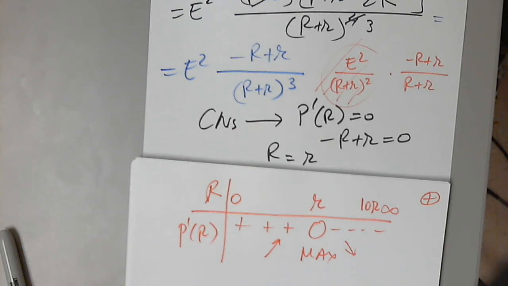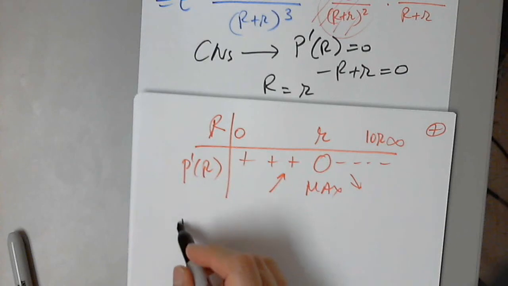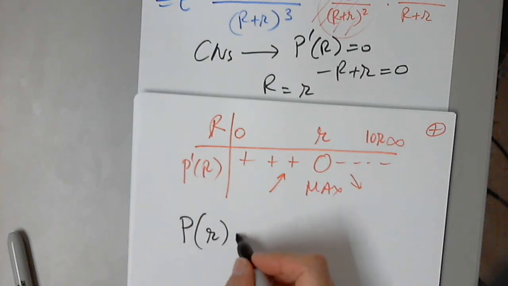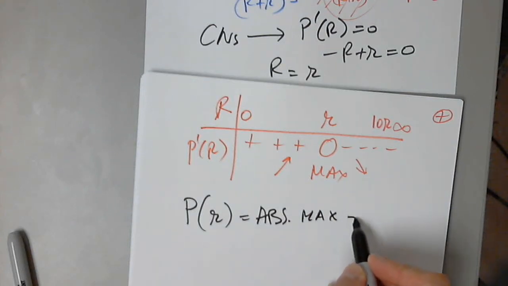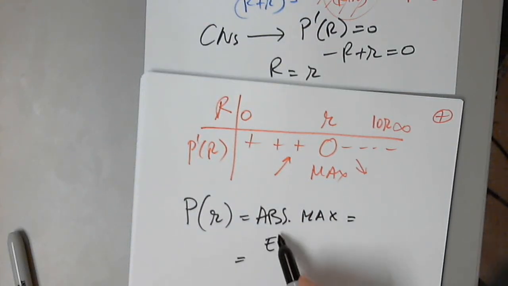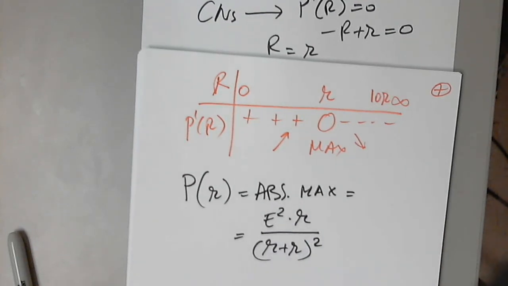Very good question. So now they're asking us to determine the maximum power. I have to go back and in P of R, replace uppercase R by lowercase r. So now P of little r, I know is the absolute max, and I have to plug it in. E squared times lowercase r over lowercase r plus lowercase r, everything squared.